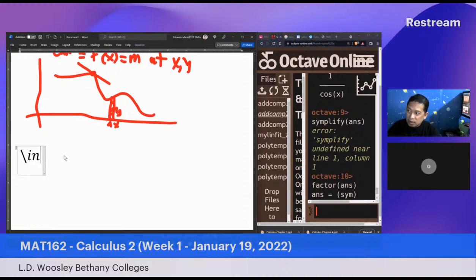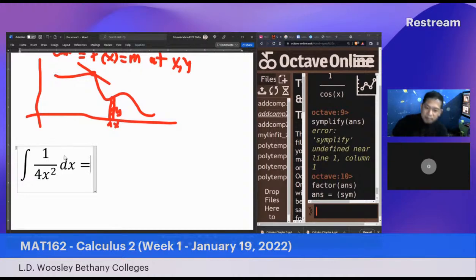What would be the given integral of 1 over 4x squared dx? Okay, tama ba yung sinulat ko? Yes. So what will be your rewrite expression? 1 over 4 tas integration sign po.